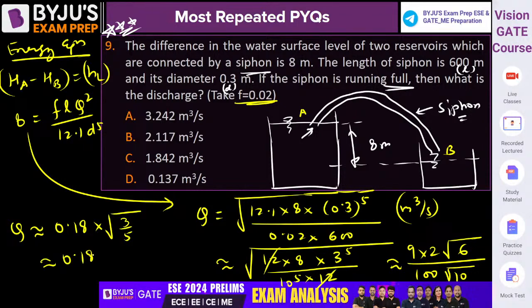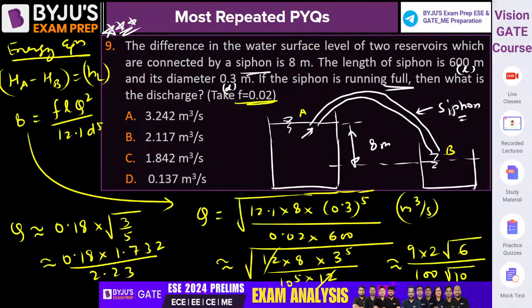So 0.18 into what is root 3? 1.732 upon what is root 5? That is 2.23. So it is close to 0.18.